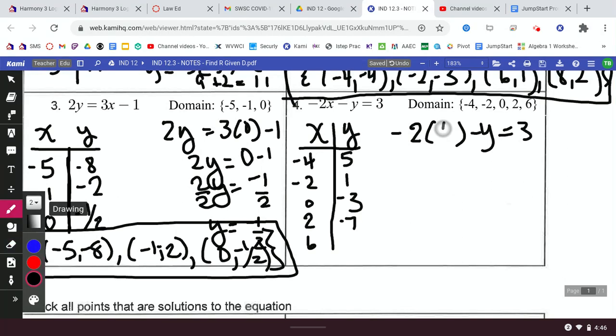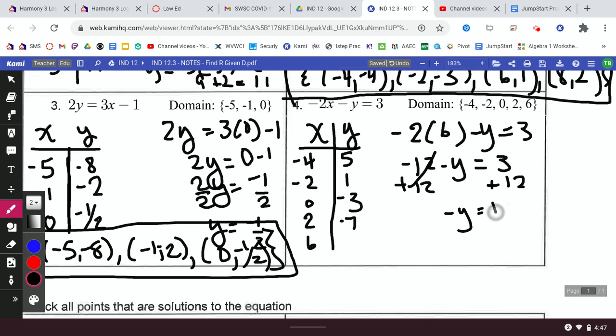So we're going to plug a 6 in for the x. -2 times 6 is -12, minus y equals 3. I'm going to add 12 to both sides because I want to break it off of this side, and whatever I do to one, I have to do to the other. So that gives me -y equals 3 plus 12 is 15. Again, divide that negative off, so I get y equals -15.